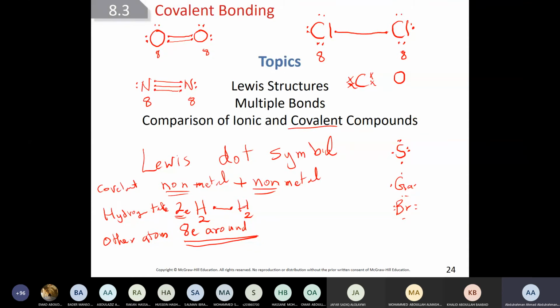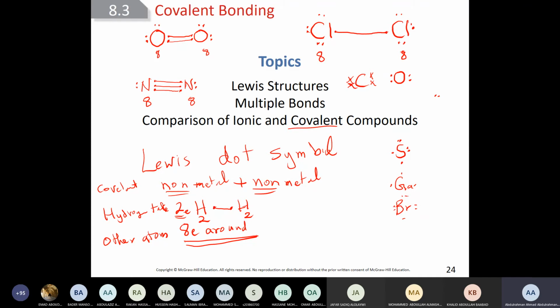How about oxygen? What do you have? 6 dots. 2, and then 3, 4, but I need more. If I put only 2, I'll keep the other 2 for oxygen for a while. They are there. These are the 2 electrons for oxygen. I'll keep them away at this time.